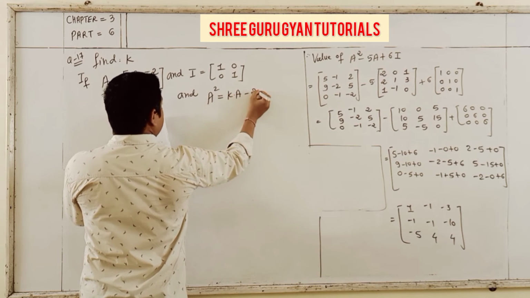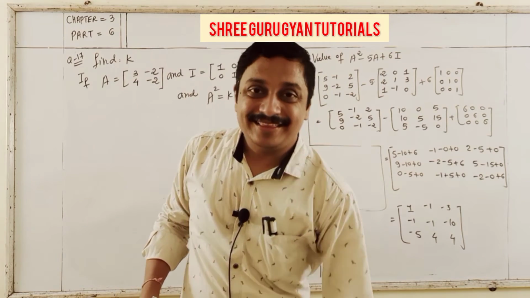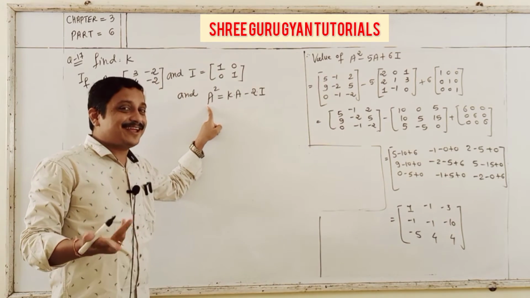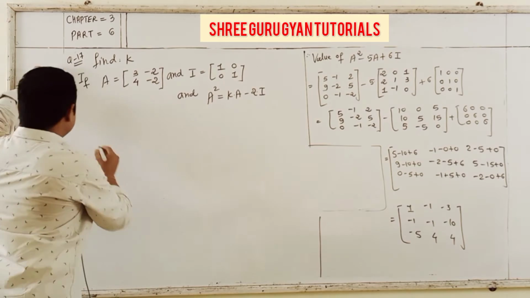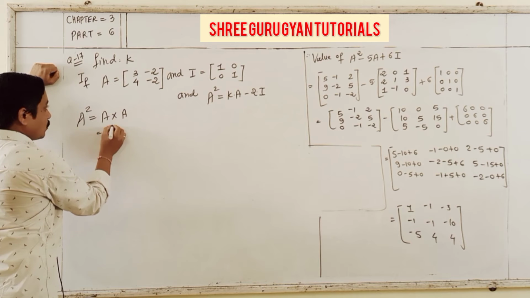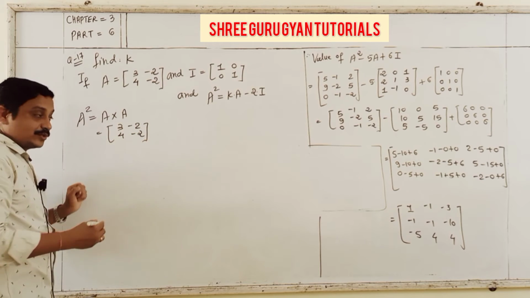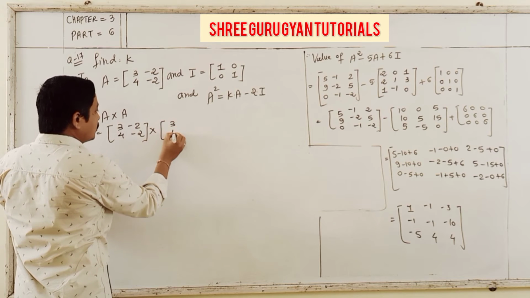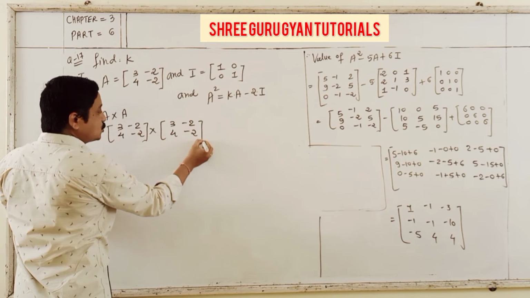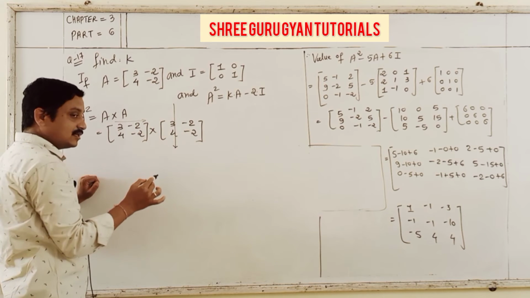So here also, students, we come to A square. This A square means we divide it into A first. Very easy: A square is A into A. So 3 4, minus 2 minus 2, into again 3 4, minus 2 minus 2, and going forward, row by column.